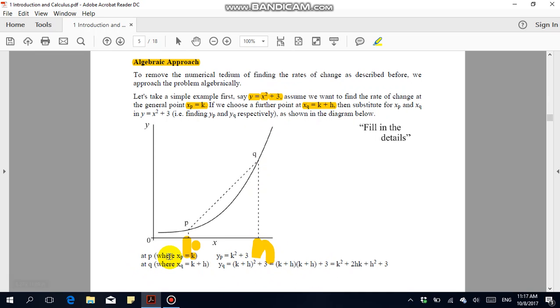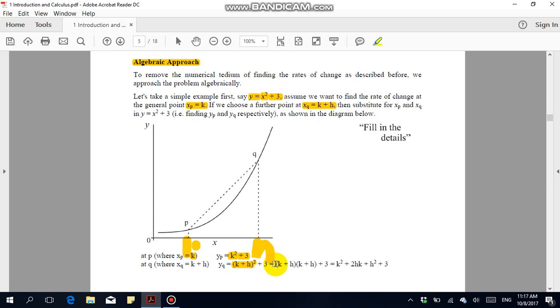So he's saying at p, where x_p is equal to k, y_p becomes, he's just substituted the value of x into the equation. So this is x squared plus 3. And where this is equal to k plus h, again you substitute that expression into the equation, x squared plus 3.